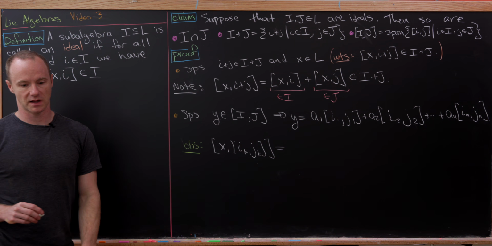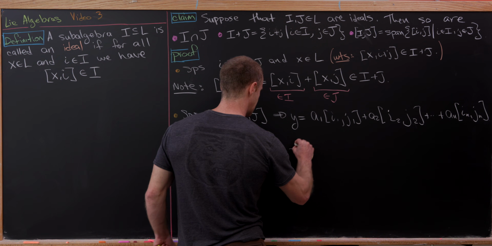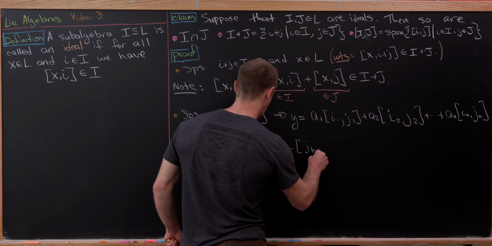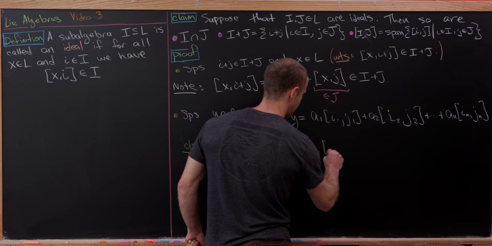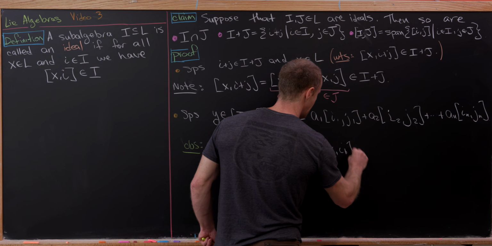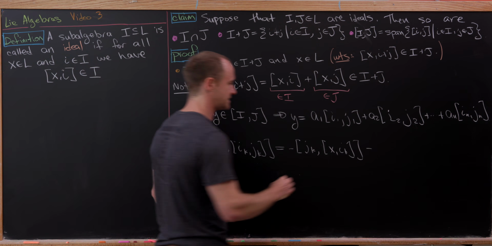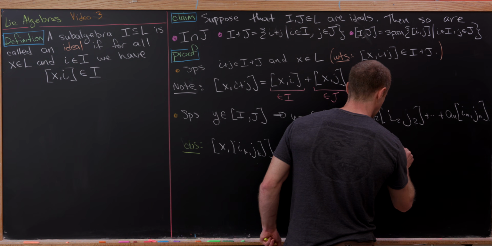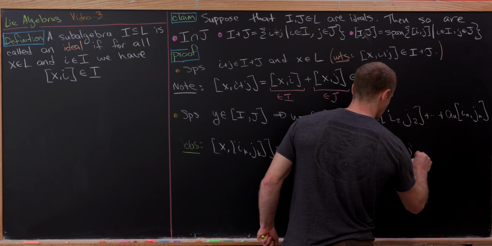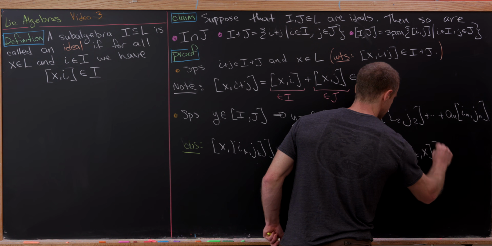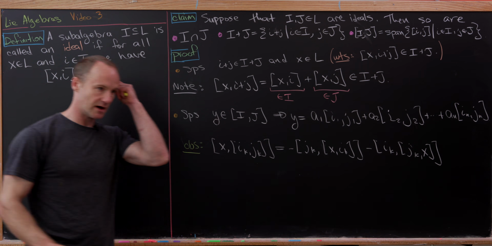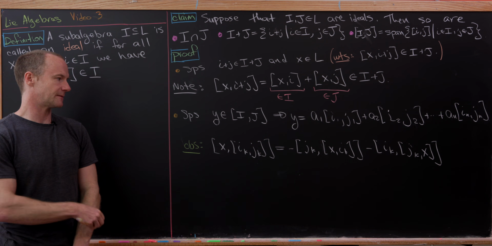So what will it look like? Well, this will be negative jk with the bracket of x and ik, and then minus bracket of ik with jk and x. Like I said, that's by applying the Jacobi identity.